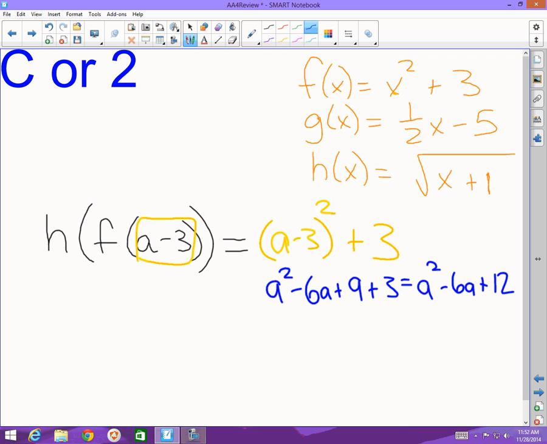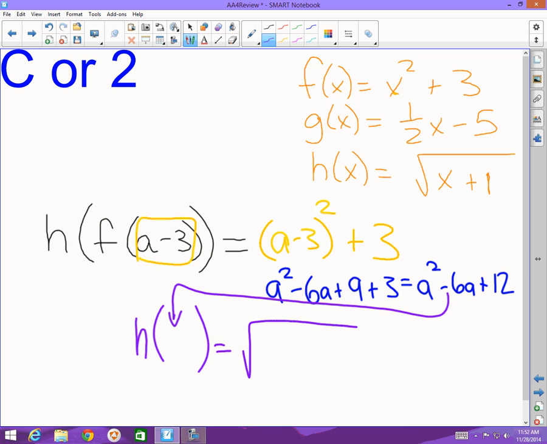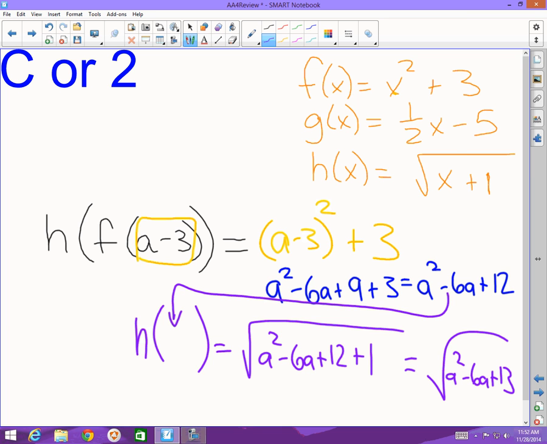And now we have to do h of that. So you have the square root of a squared minus 6a plus 12 plus 1. And then that can simplify to the square root of a squared minus 6a plus 13.